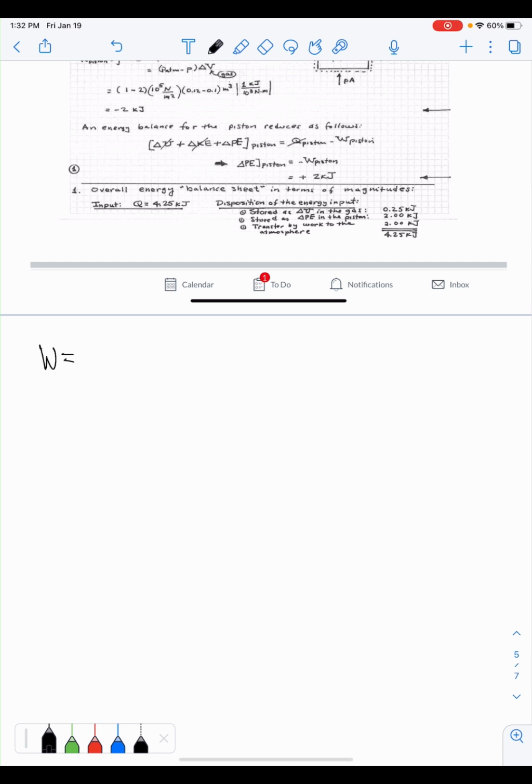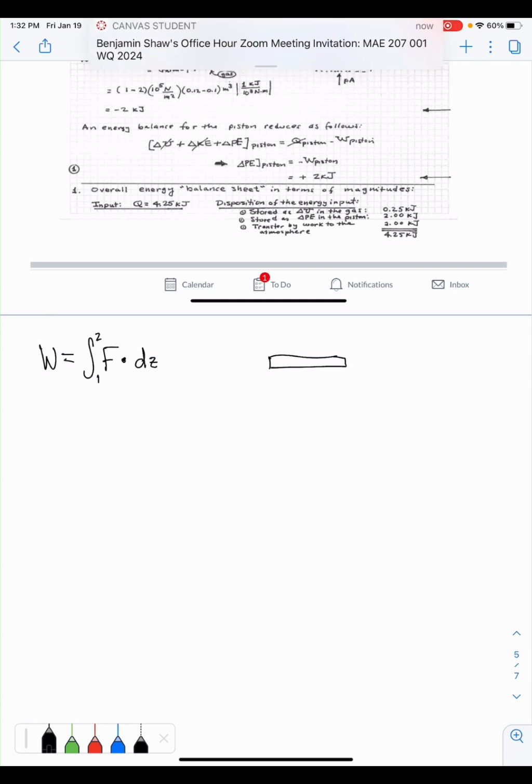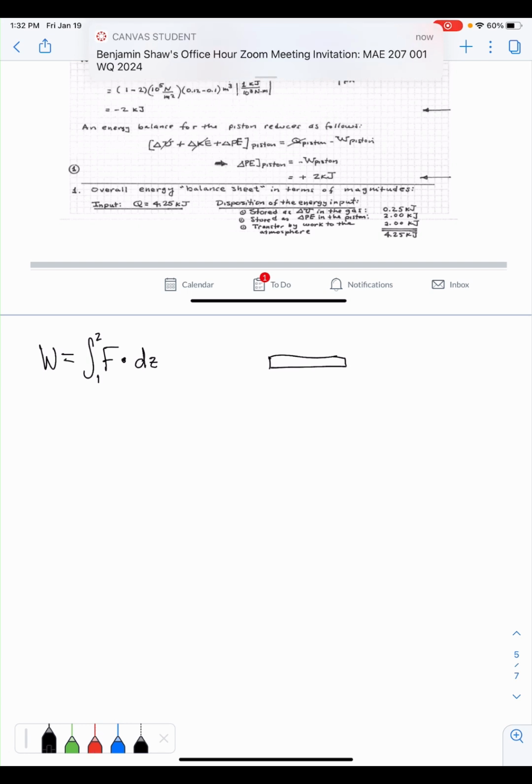The equation for the work, relative to classical physics, is the integral of force and the distance. In our case, we're traveling vertically, so we're using z between state 1 and state 2. So we have our piston here, and we know, if we've done part A, that the piston is going to move up, because as the gas is heated and expands, the piston is pushed upwards.